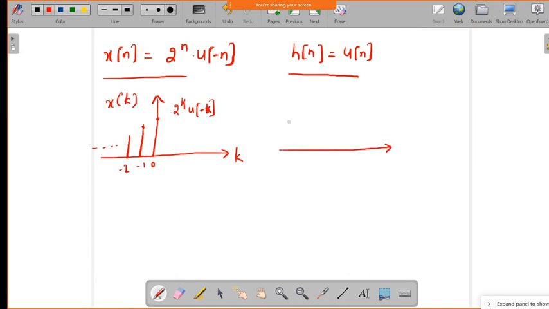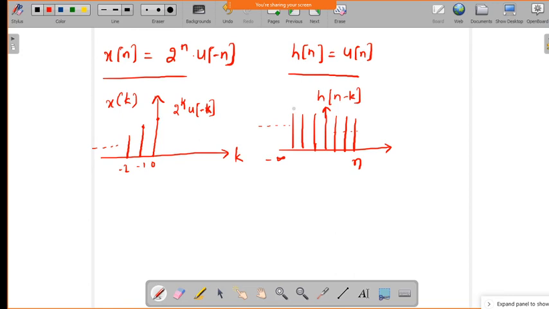Similarly, you can take h of n minus k, which we have already done many times. It is from minus infinity to plus n, so till the value n.